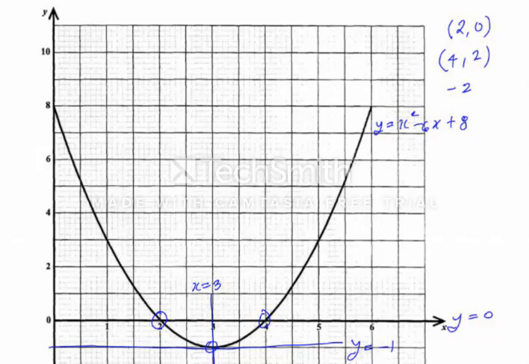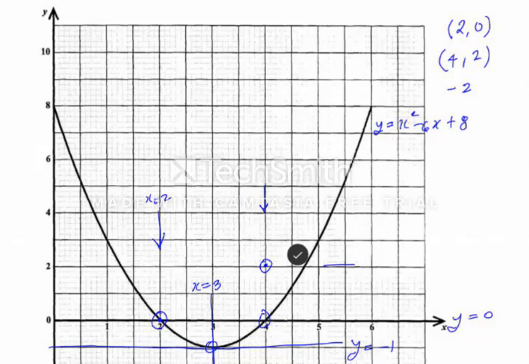So 2, 0: x is 2, and y is 0, is this point here. The next point is 4, 2: x is 4, y is 2. So that's this level here, y is 2. So that is this point.